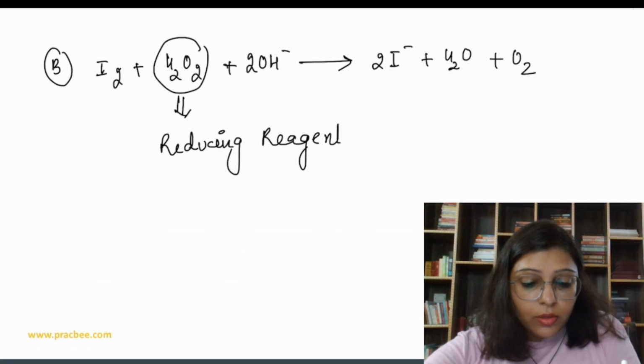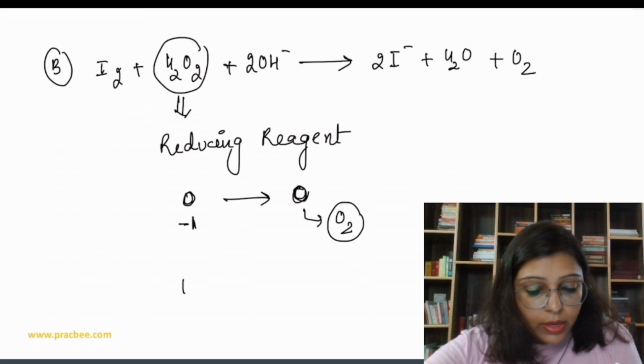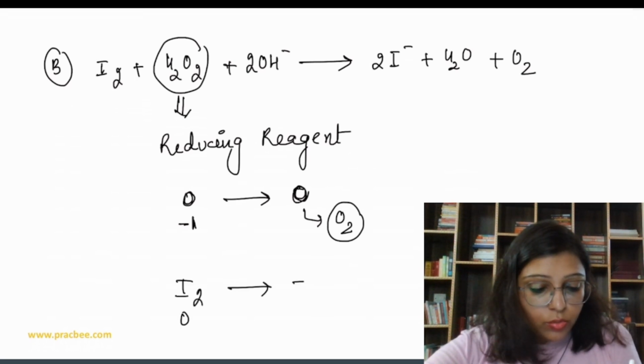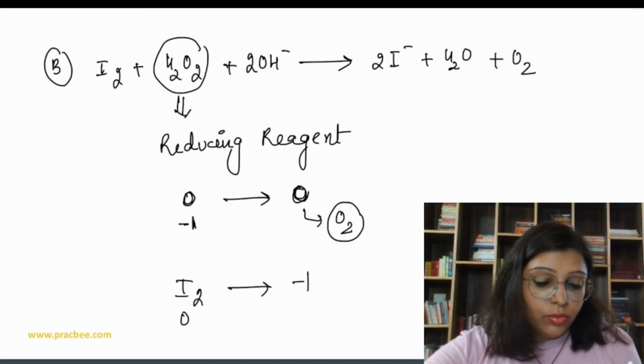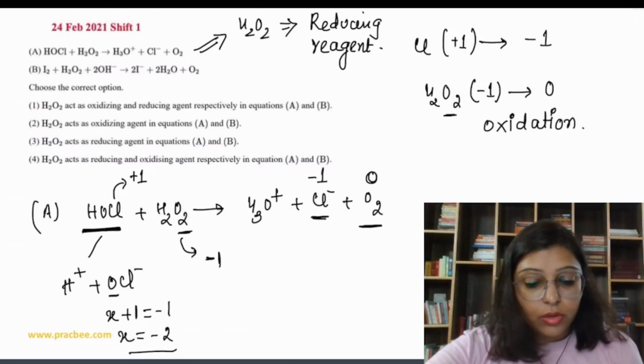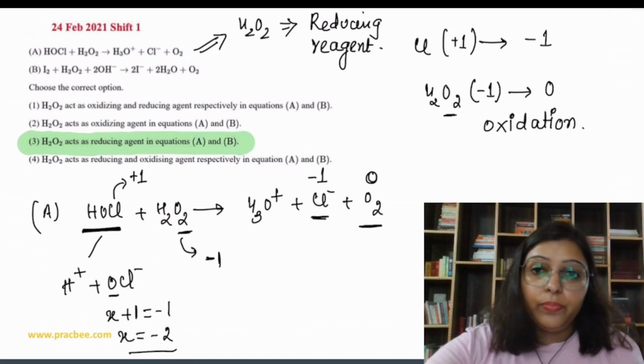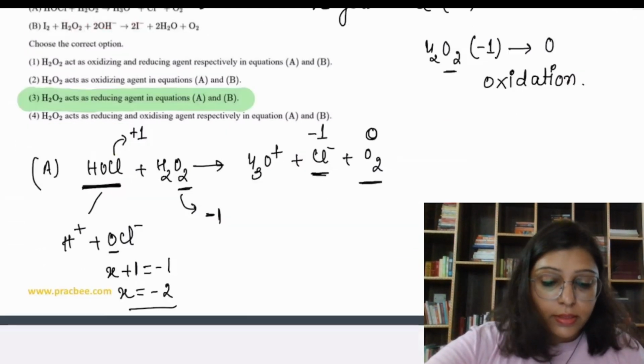See, oxygen goes from -1 to 0 due to the O2 formation, and I2 goes from 0 to -1. So I2 is reduced. That's why H2O2 is a reducing agent in this case also. So we can say that H2O2 acts as a reducing agent in equations A and B. So option 3 is the correct answer.